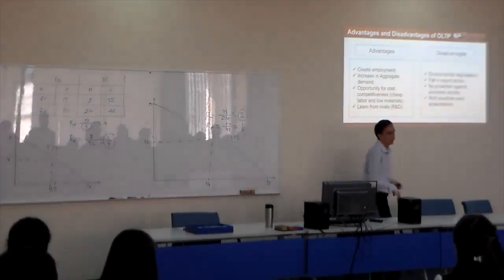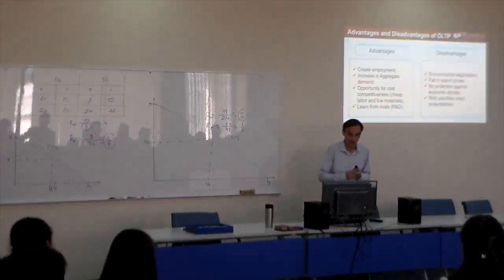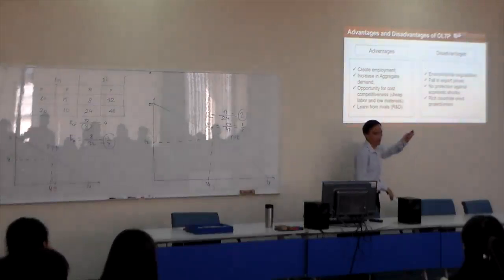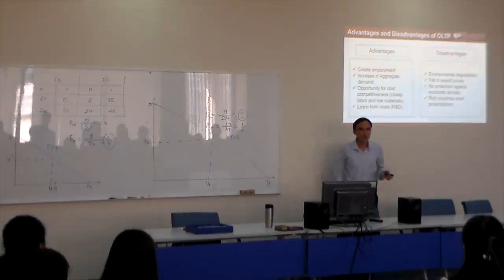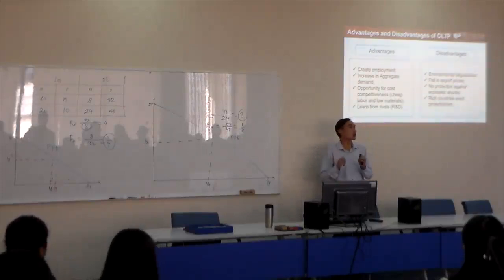Okay? And disadvantages, of course, that is first of all environmental degradation, all right? Because it's open, resources can be used in a bad way, so it causes that one. And falling export prices, which means those countries that support international trade, they support it because they are export-oriented.